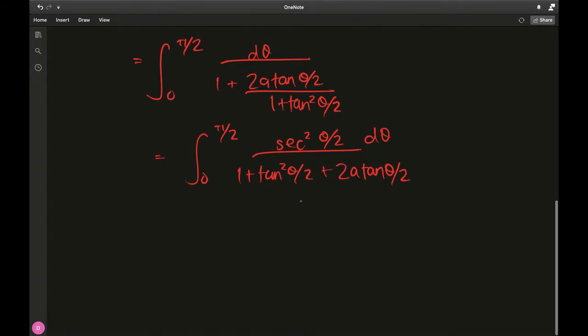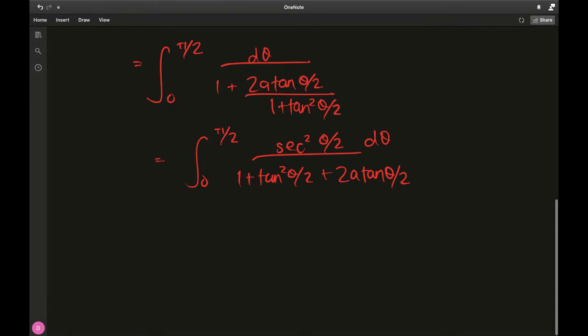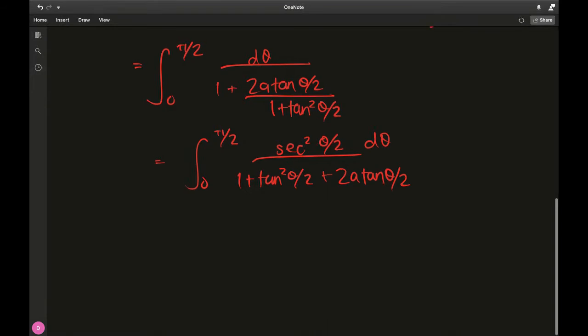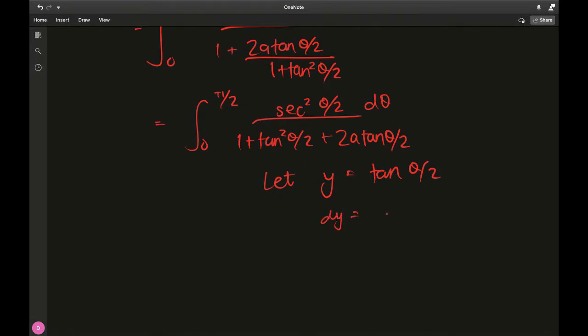Fair enough. Now it's actually time to use substitution, because it's very evident that the derivative of tan(theta/2) is basically secant squared (theta/2), along with some factor of a half. So let y equal tan(theta/2), such that dy is secant squared (theta/2) with a half because of the chain rule, d theta.